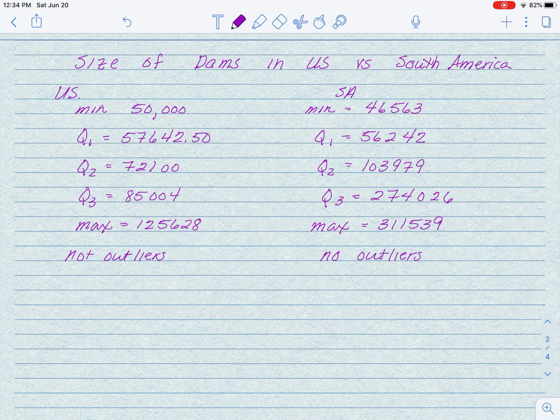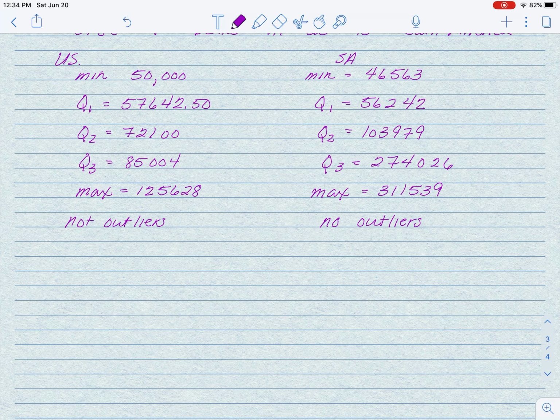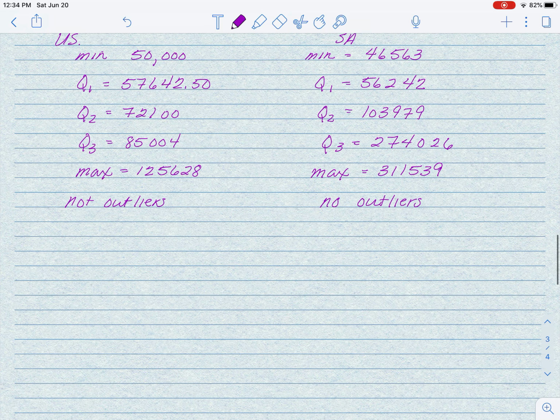Okay, so what I really want to do is show you how to do a box and whiskers for two data sets. And these two data sets are going to be on the same horizontal axis. So here we have a horizontal axis, all right? And we have to fit these two sets of numbers on there.